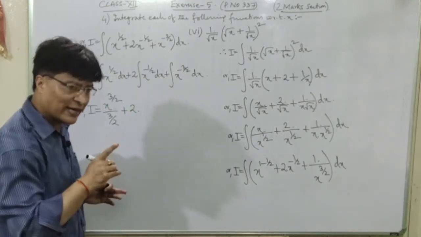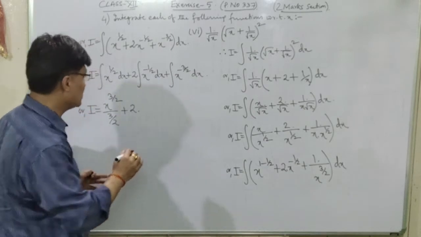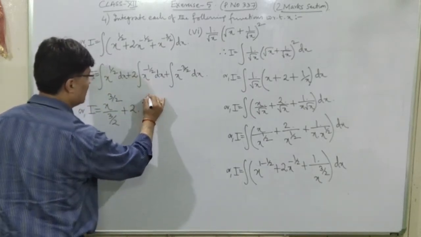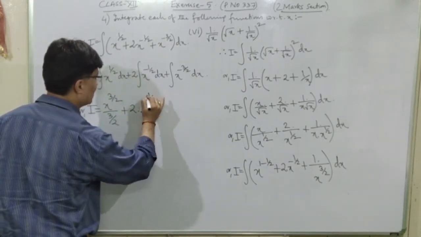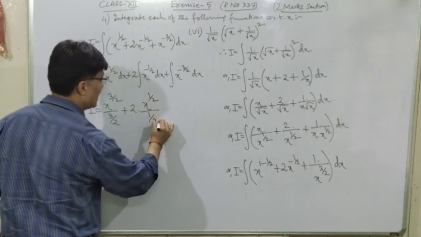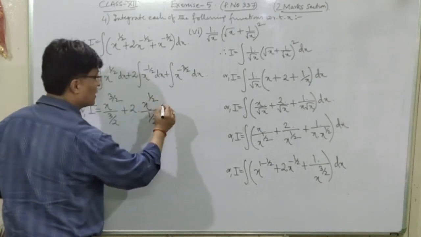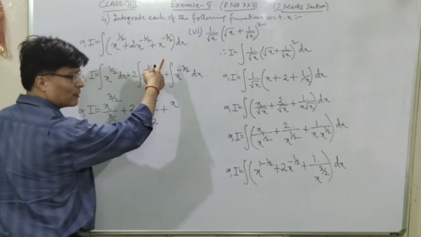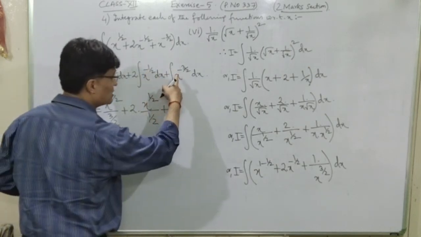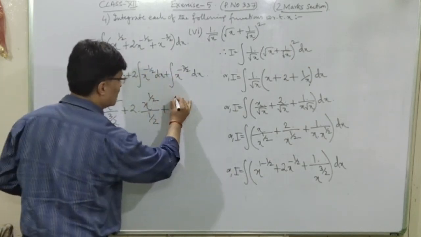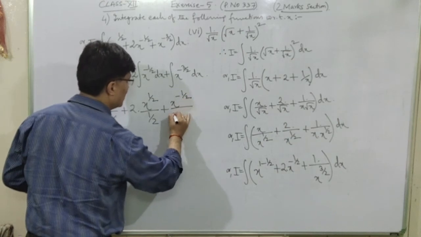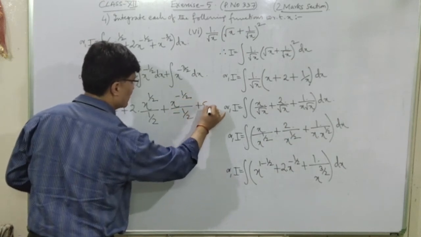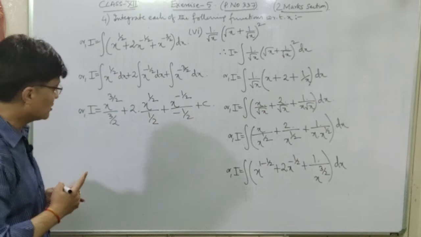This is just like your again x to the power n. So what is this integration? x to the power n plus 1 means half, divided by n plus 1 means half. Plus next this one, this is also x to the power n plus 1 divided by n plus 1. So this is x to the power minus 3 by 2 plus 1 minus half, divided by minus half. Then what should you write? C. One C is enough.